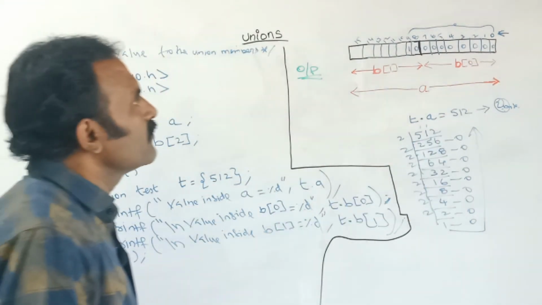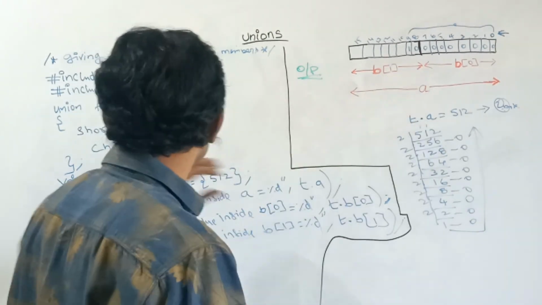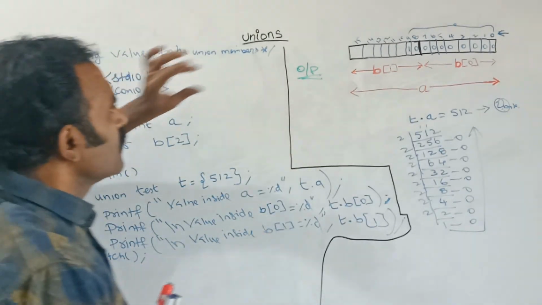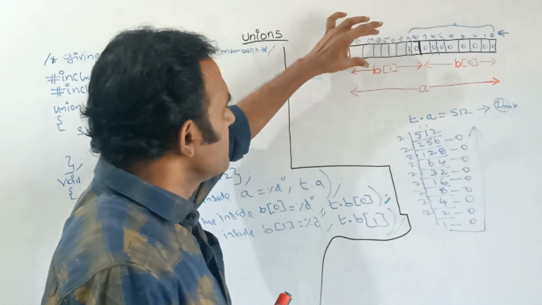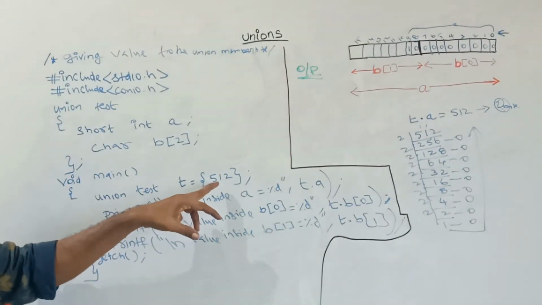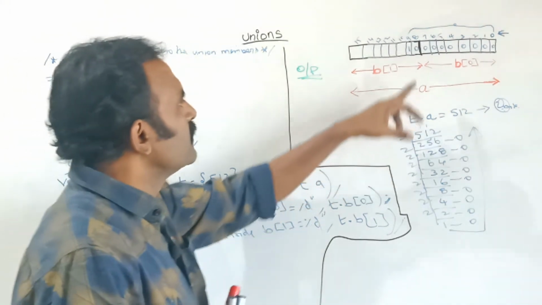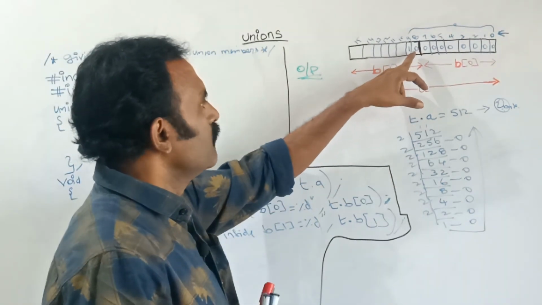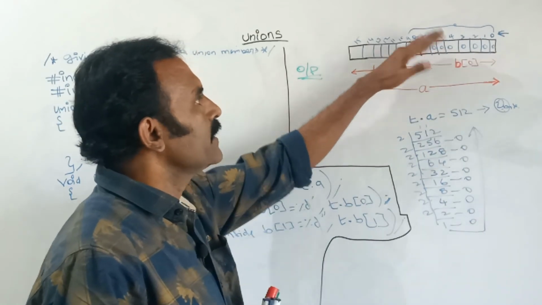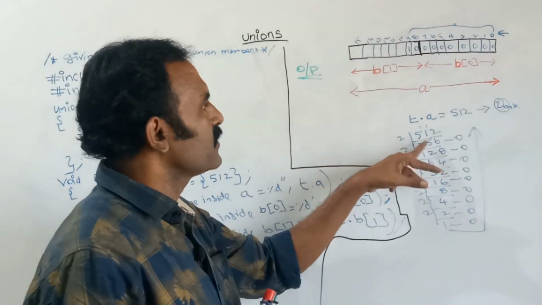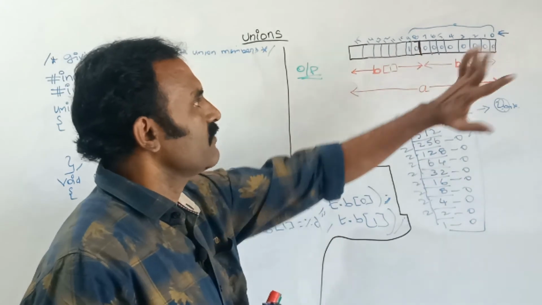See, it will store in the memory like this. Short integer is 2 bytes, so here totally 16 bits. Among these 16 bits, if I am storing the value 512, then 512 will be stored here in the memory. Binary value for the 512 is like this. If you convert this binary to decimal, the answer will come as 512.